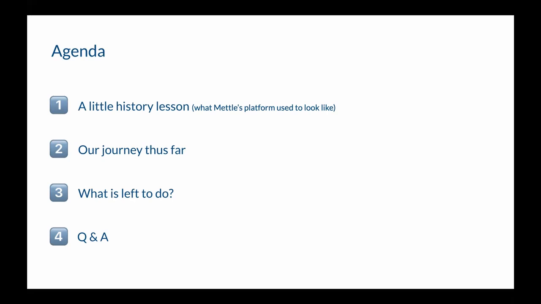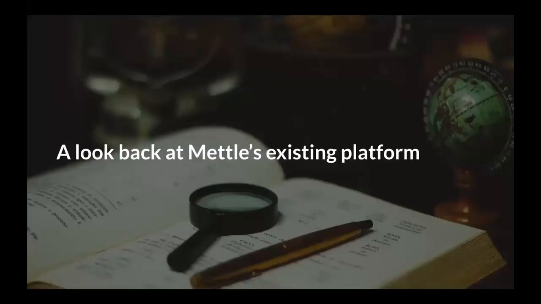Then from there, a platform team rose from the Phoenix, essentially, and we started this journey together to build out a platform that would truly scale to the demand and ambitions that Mettle had. On that journey, we learned a lot of lessons, and I'm going to go through those lessons one by one. Then I'm going to touch a little bit on what's left to do, because the journey is not complete yet, and then I'll hand it over to you guys to ask us some questions.